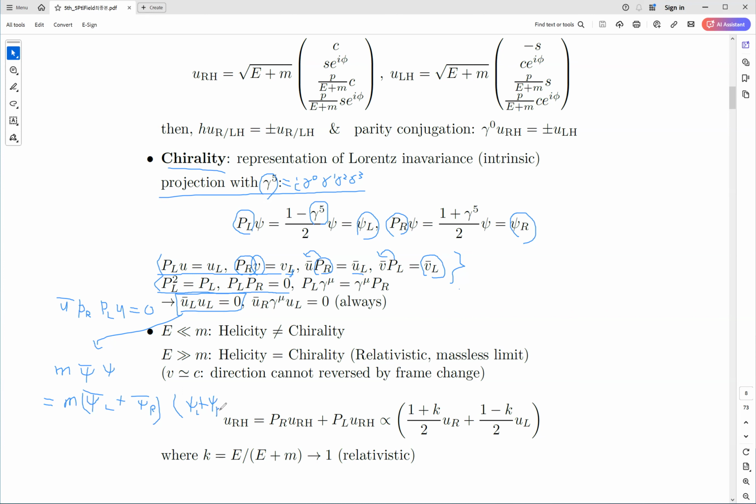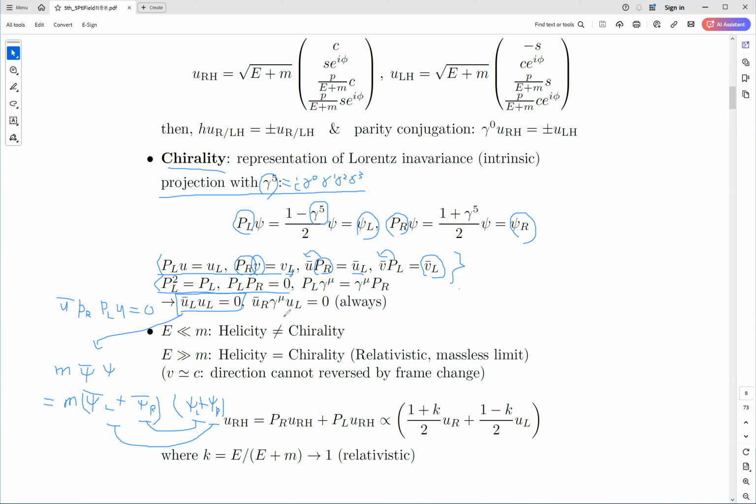Then the cross terms, psi_L bar psi_R and psi_R bar psi_L, survive, but psi_L bar psi_L and psi_R bar psi_R do not survive. So the mass term always has a cross term between psi_L and psi_R.